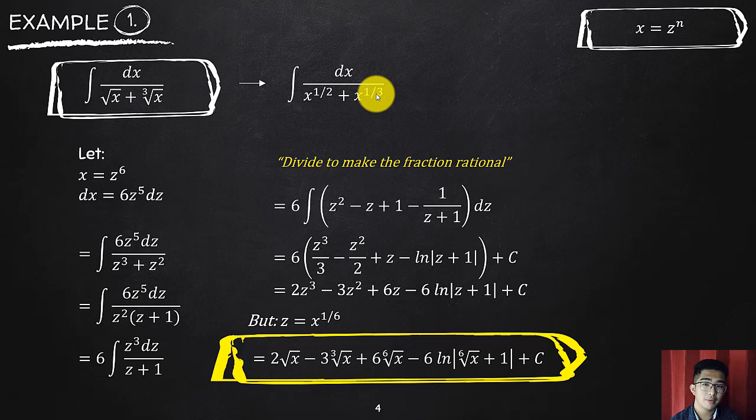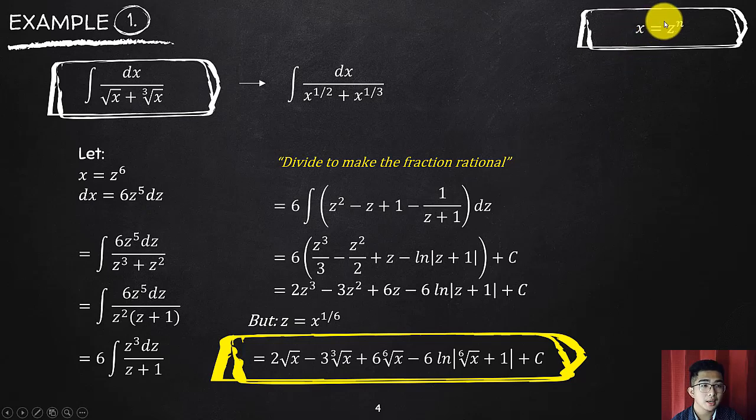According to case 1, we do have x of different fractional powers, x raised to 1/2 and x raised to 1/3, so we might want to consider substituting x equals z raised to n, z being our new variable and n being the least common denominator of the fractional powers of x. What are the fractional powers of x in our problem? That is 1/2 and 1/3. Going back to your basic algebra, what is the least common denominator for 1/2 and 1/3, or 2 and 3? The LCD of 2 and 3 is 6.